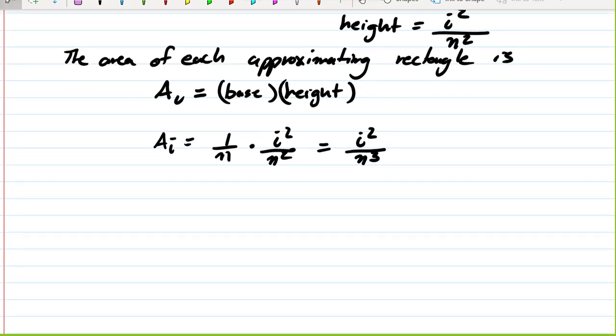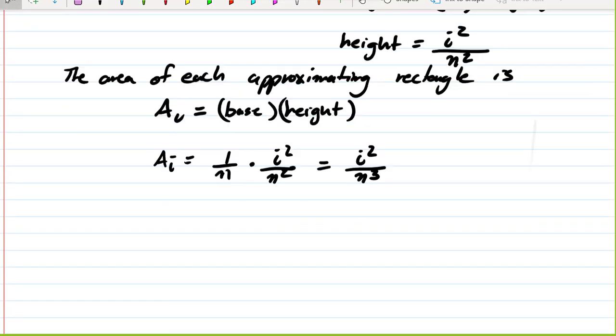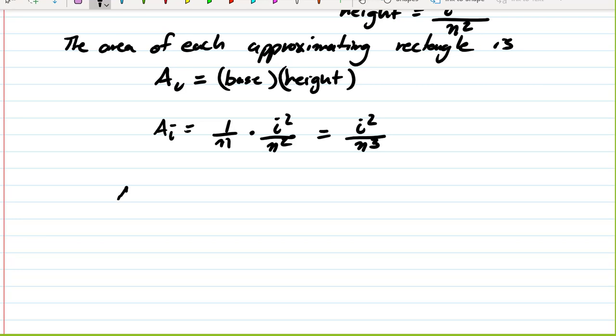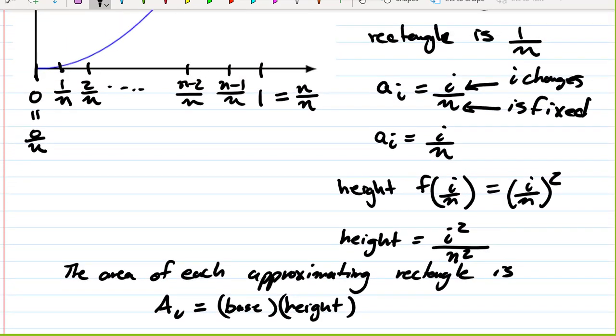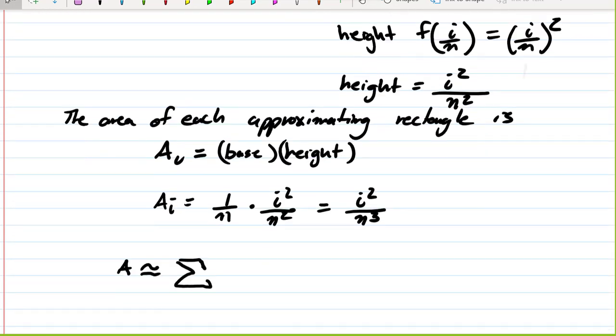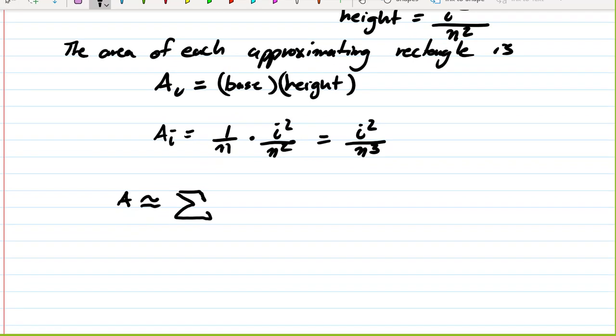So then that's the area of each rectangle, but now we need to figure out our total area, which is going to be approximately equal to the sum. And remember, i is what's changing and n is fixed. So we're going to take the sum as i goes from 1 to n, because remember, n is the number of rectangles, of i squared over n cubed.